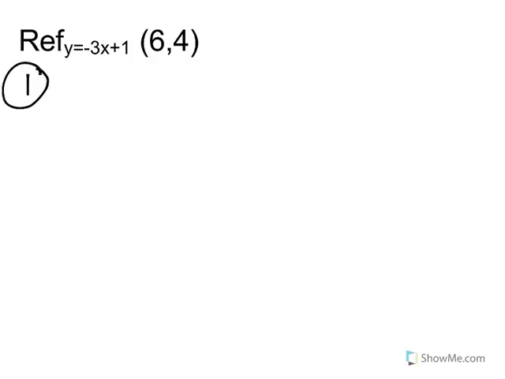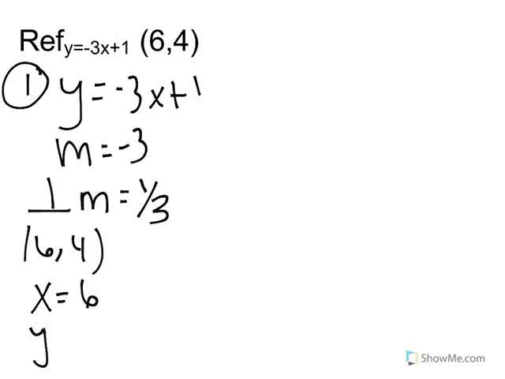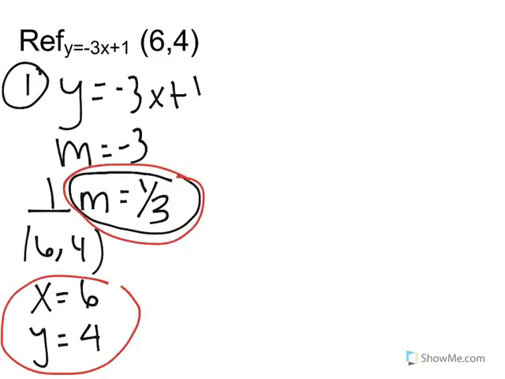Okay, so step 1 was to find the perpendicular line. We start out with y equals negative 3x plus 1. My slope in this line is negative 3. If I want a perpendicular slope, that will become the opposite reciprocal. So it flips, it becomes 1 over 3, and the sign changes. So my perpendicular slope is 1/3. And from the point (6, 4), I get an x value that's 6, and a y value that's 4. We're going to use those three things, our slope and then our x and y, to find the equation of the line.